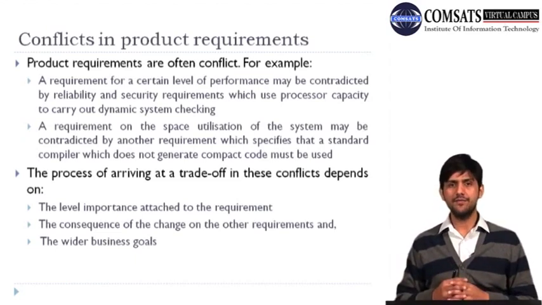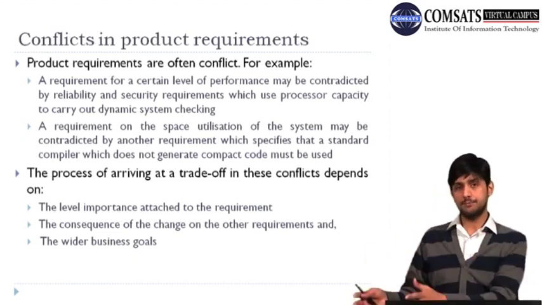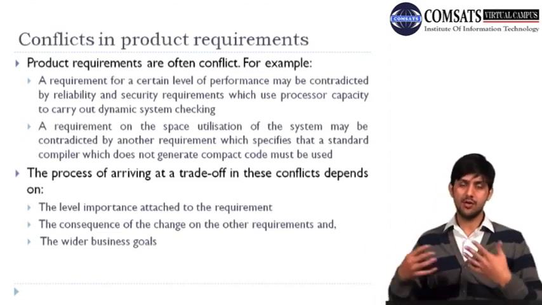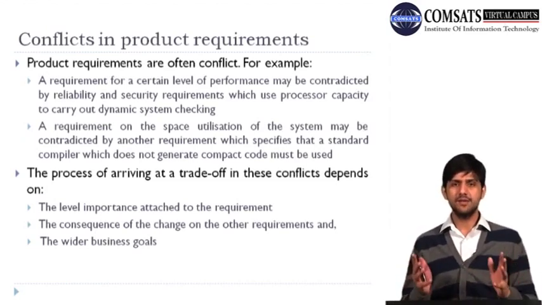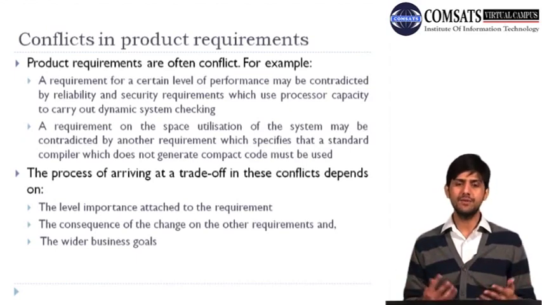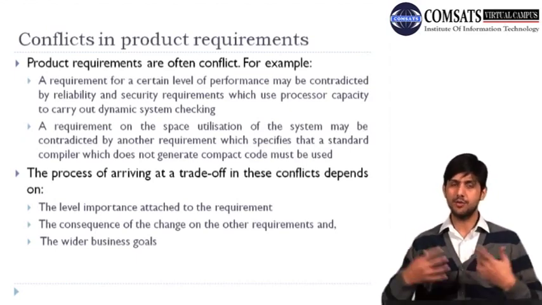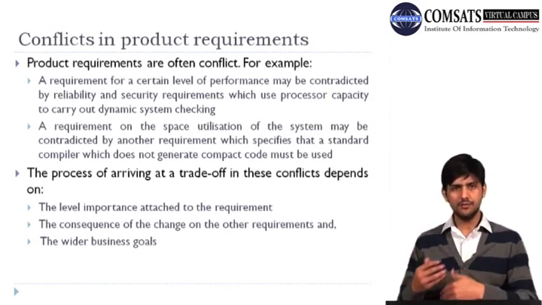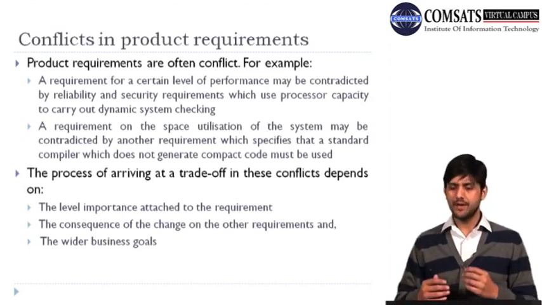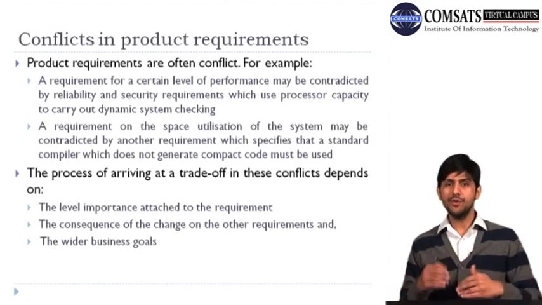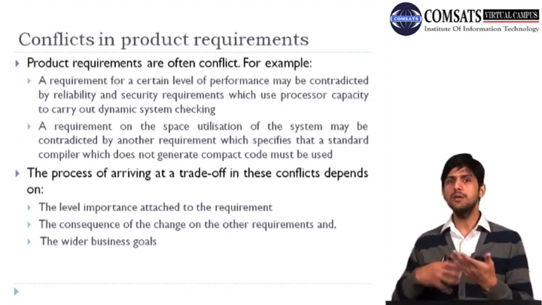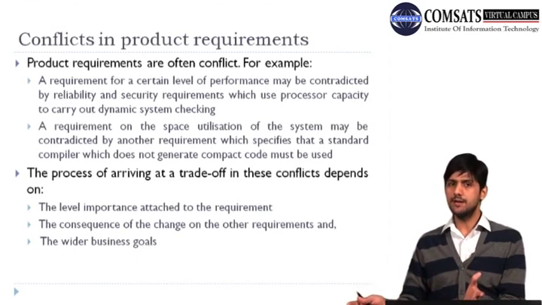If there is a performance requirement and a security requirement and they are contradicting each other, we are going to rank them and say which one is more important to the user, which one we think as domain expert is more important. By going through this process we identify the important one and say, okay, let's change it. But when we change it, we also need to understand the impact of that change on the rest of the system.